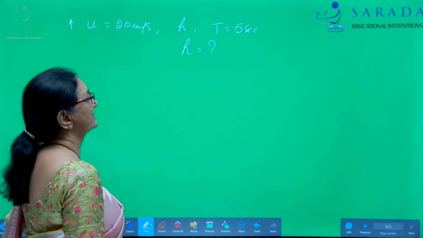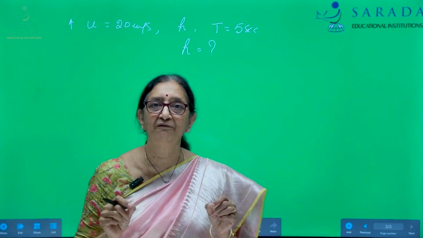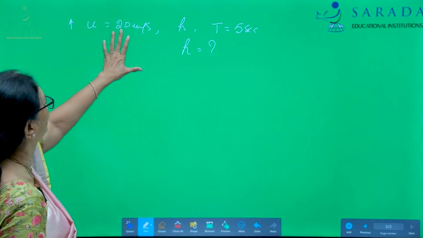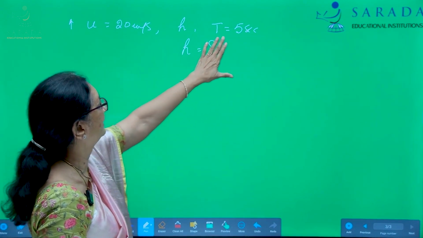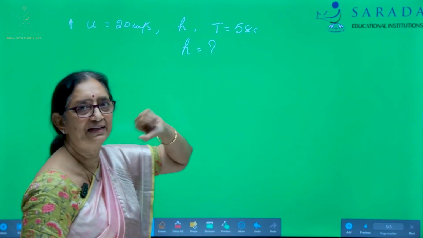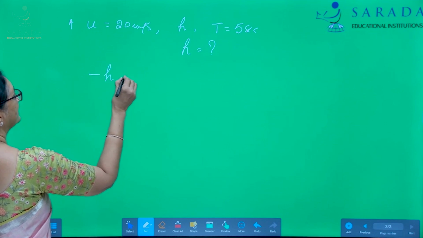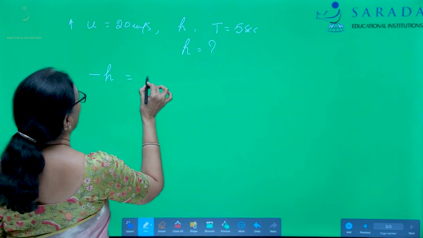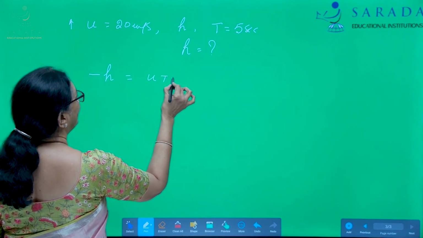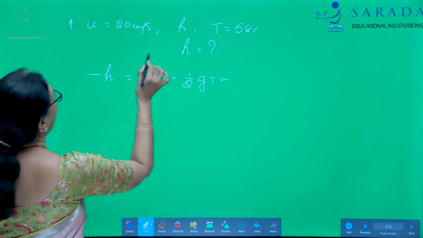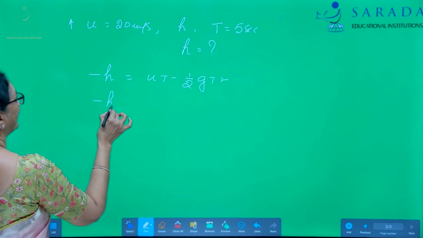If it reaches the ground in 5 seconds, find the height of the tower. So, a vertically projected body from the top of a tower reaches the ground in 5 seconds, find the height of the tower. So, the formula is minus h is equal to ut minus half gt square. The height of the tower we need to find out.